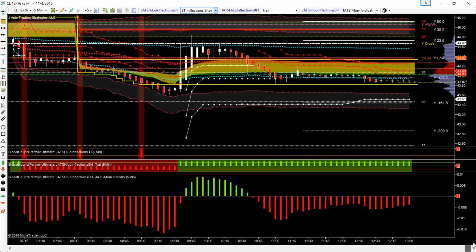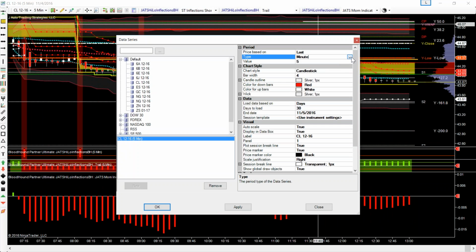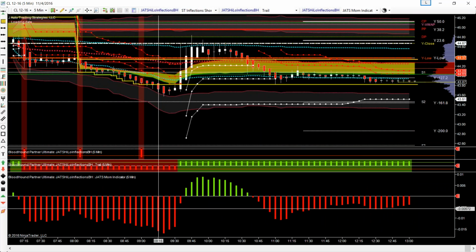So the first step to the program really is to find out what direction to go. Let me put this back on my Unirenko real quick.